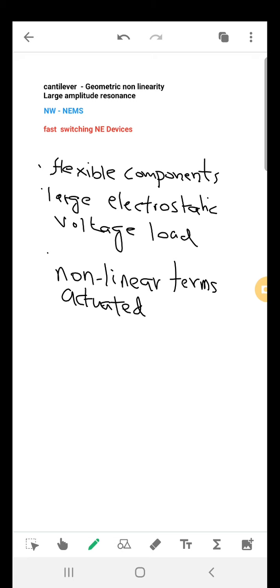The nonlinear application of nanobeams and electrostatic actuation has application in biomass sensors. So these properties, especially this electrostatic nonlinear actuation, have application in biomass sensors.